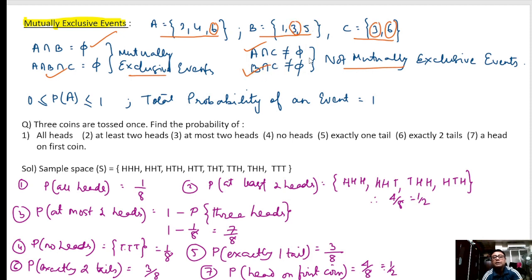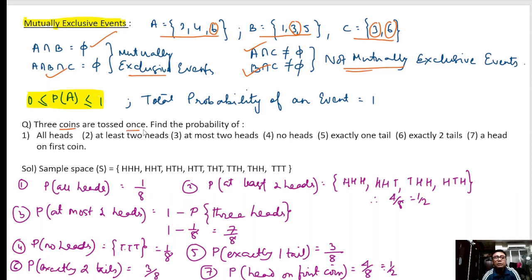So B and C are not mutually exclusive events. And one more thing, please note, the value of the probability cannot exceed 1 and cannot be negative. Clear? So let's move ahead.